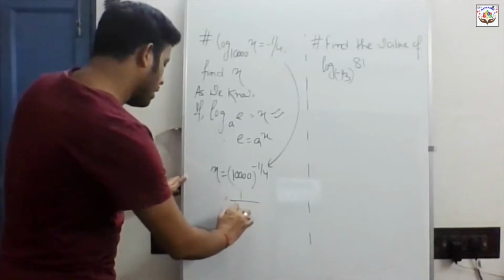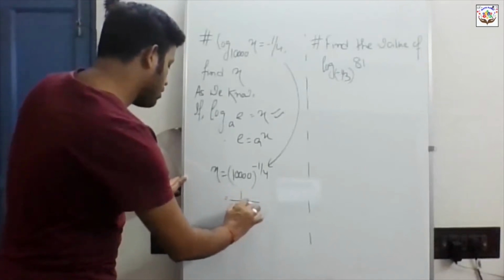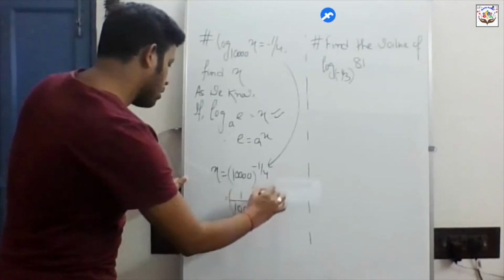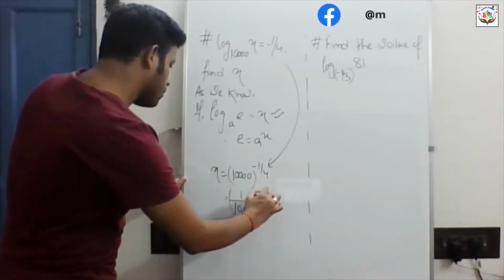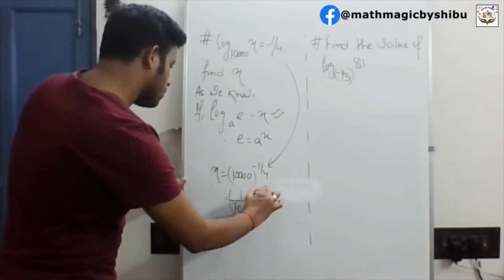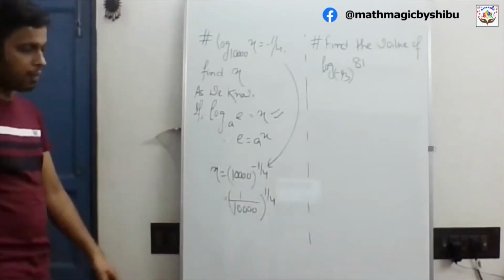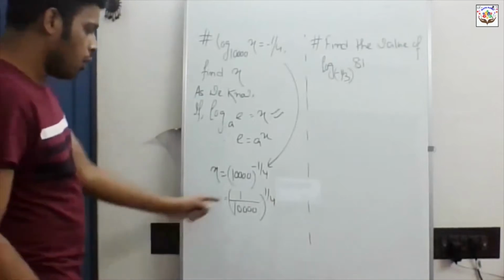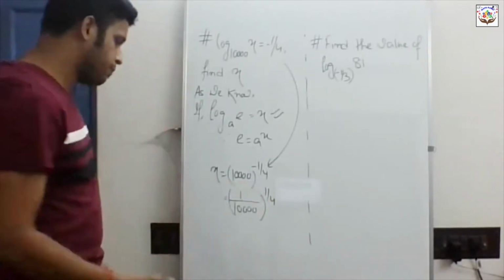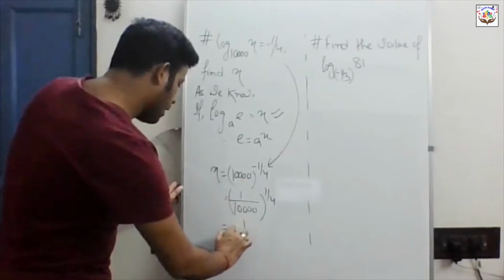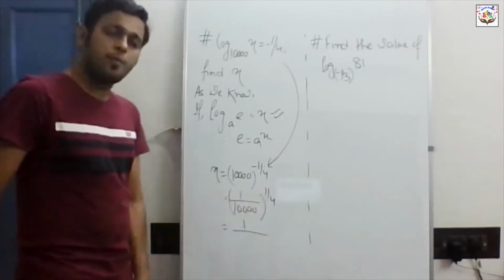Moreover, I can write that 1 by 10,000 to the power 1 by 4. So 1 to the power 1 by 4 will be 1, and 10,000 to the power 1 by 4.